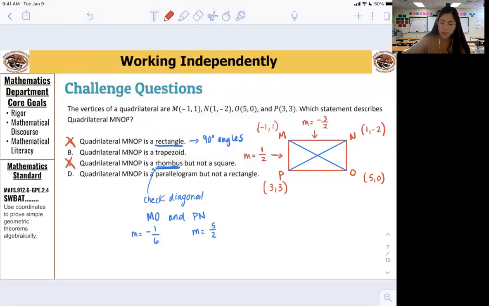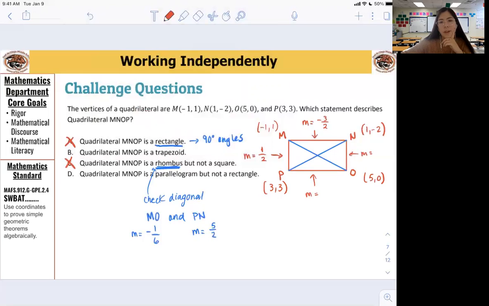And then between a trapezoid and a parallelogram, how do I decide the difference? What has to be a parallelogram? It has to have 2 pairs of parallel sides. So we got to check our last two slopes and see if they match.